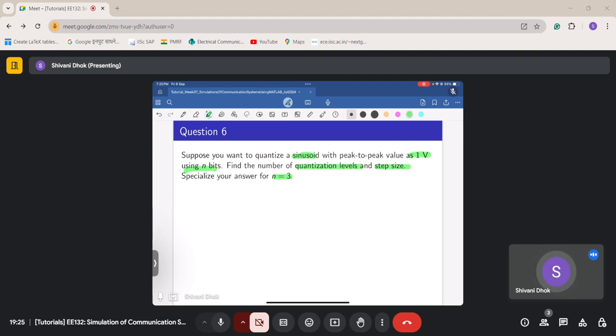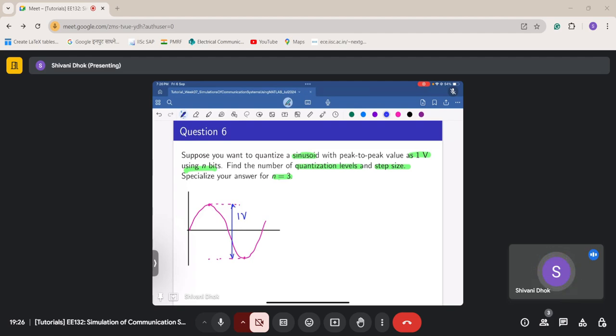Okay, so what is given to us is a sinusoid. This is the peak value and this is the valley. So this peak to peak is 1 volt.